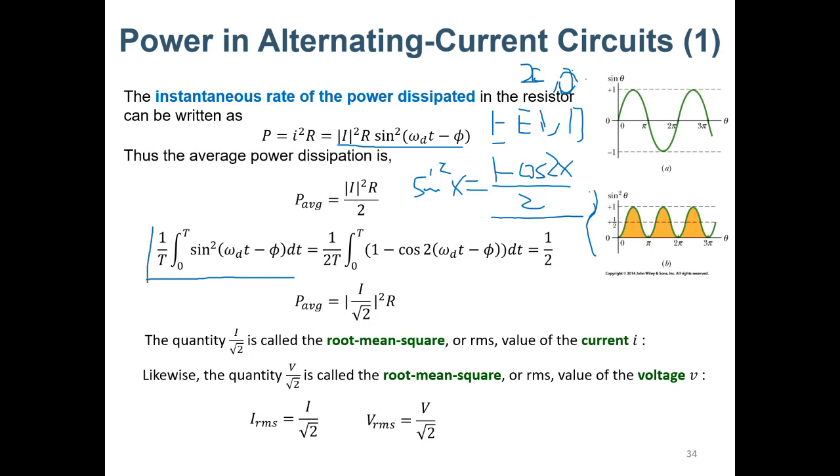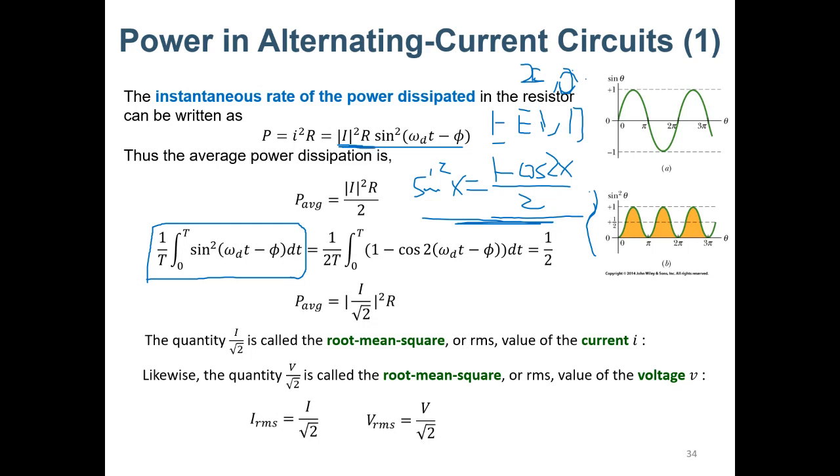For calculating this integration, we use this relationship: 1/2 times 1 minus cosine 2x, integrated from 0 to the period and divided by T, so that this is the average value.